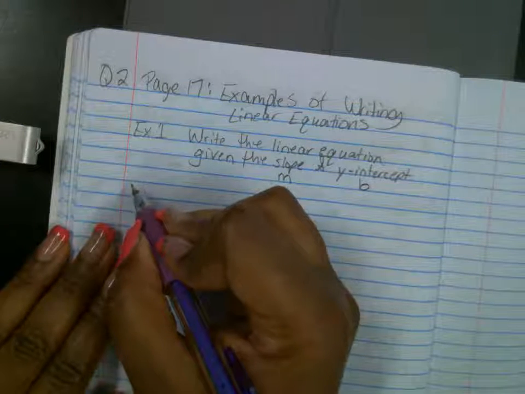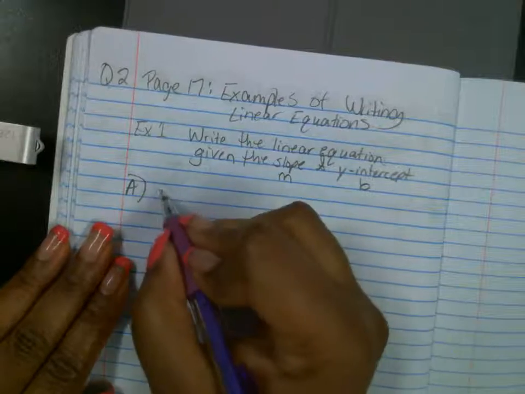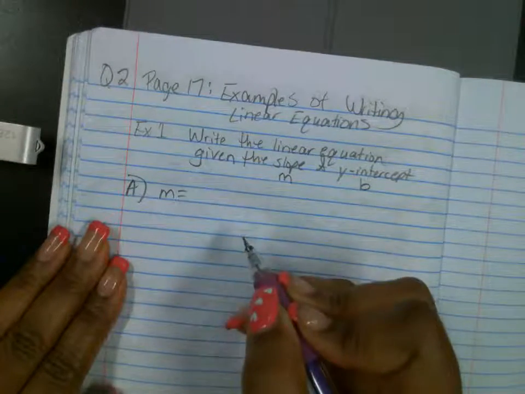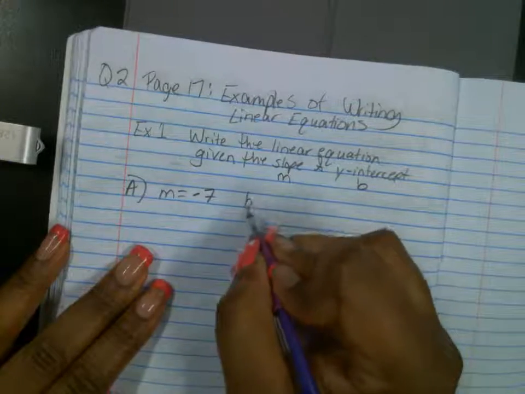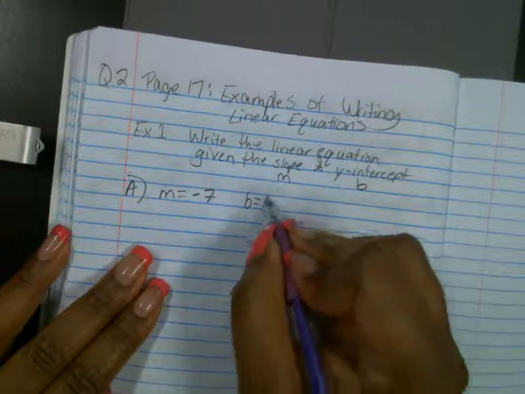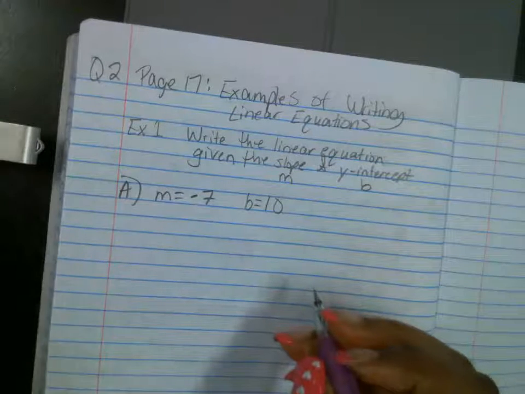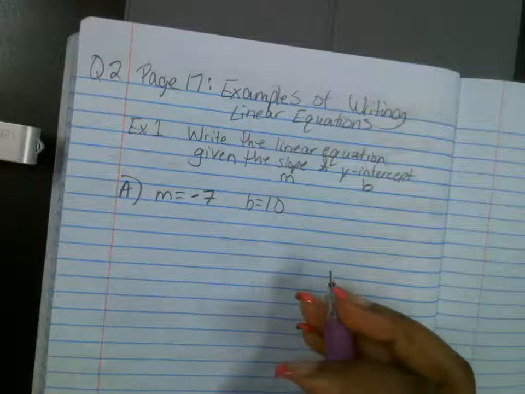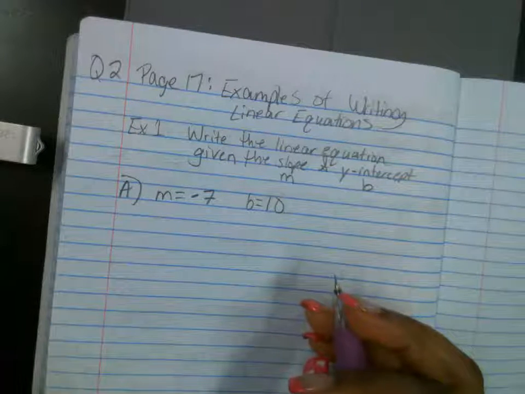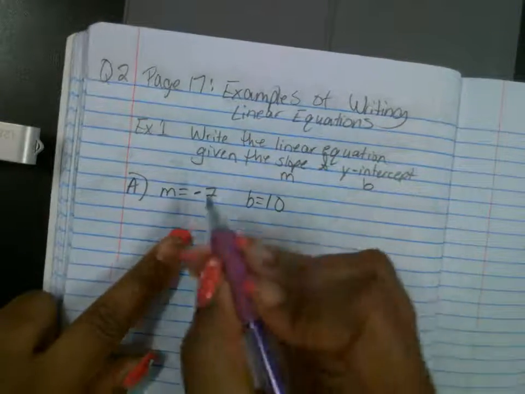So let's do some examples of that. We're writing equations. So let's do example A. Let's suppose that they tell you that the slope is -7. And then they tell you that the y-intercept is +10. They want you to write a linear equation when you're given both of these values. So this is simple. All you're doing is substituting these numbers into the slope-intercept form, y equals mx plus b.